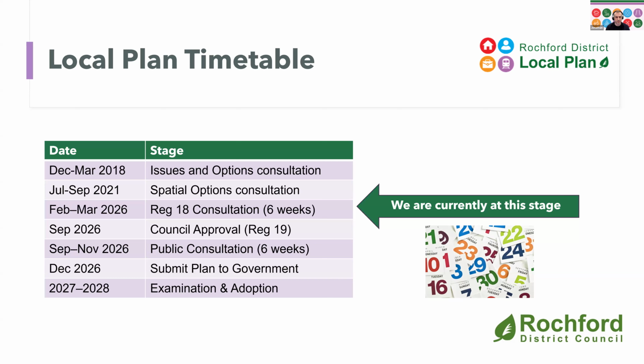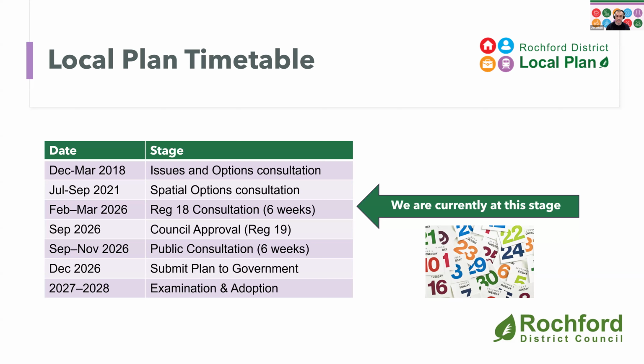Following this, we need to prepare the next stage, which is the Regulation 19. As per the timetable we're indicating, that'll be around September of this year, with further consultation undertaken as part of that. And then we need to submit to government by the end of this year.